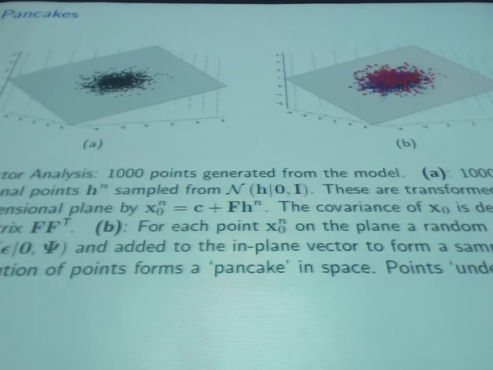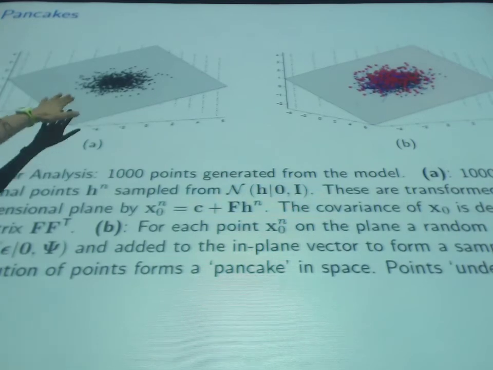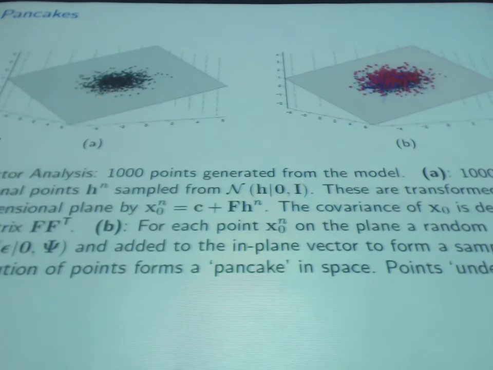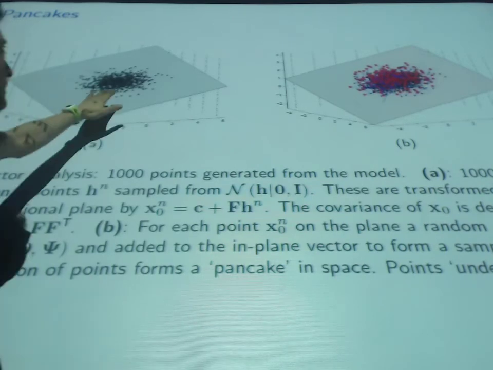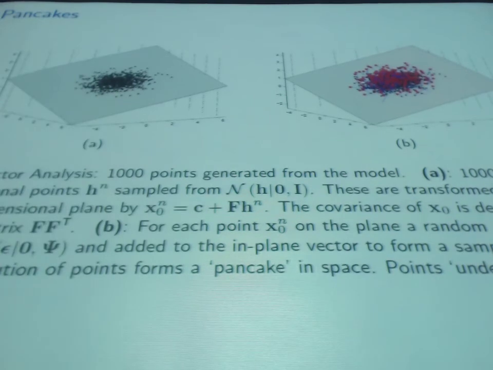Well, we've got P of H and then P of V given H. So we could draw a vector H from a Gaussian distribution, zero mean, unit covariance, for H. Given H, and given an F, we can compute F times H, and then we add on some Gaussian noise from epsilon, which is zero mean with some diagonal covariance psi. So these are the points drawn, F times H before adding on noise. These correspond to a Gaussian distribution in the plane.